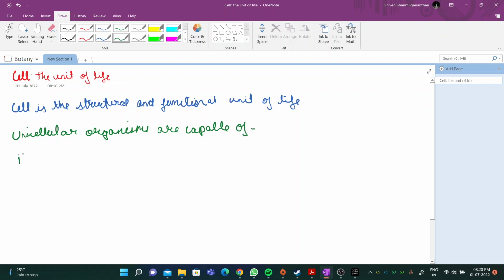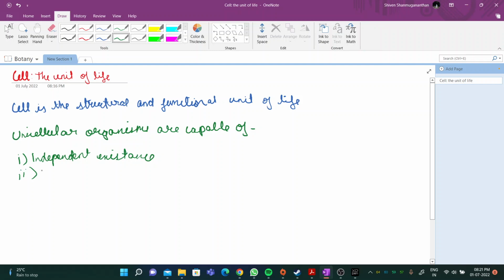The first one would be independent existence. And now the second thing they are capable of is performing essential functions of life because they have to perform them to stay alive. So we are talking about single cellular organisms here, which are organisms with only one cell. And one cell is the entire organism. So that single cell has independent existence and it performs the essential functions of life.